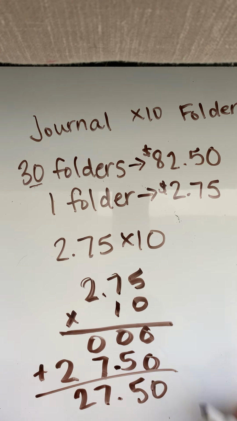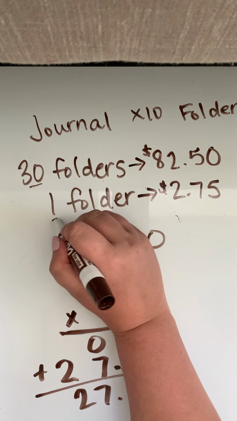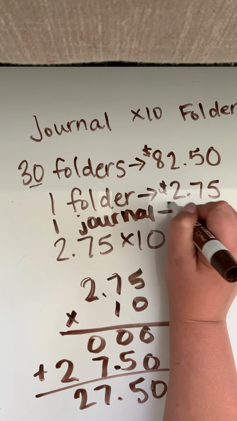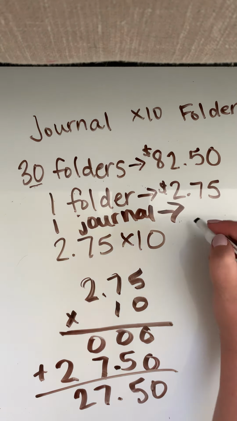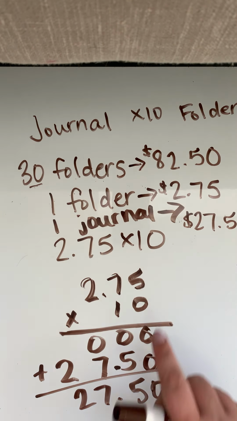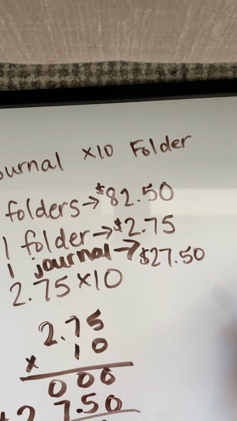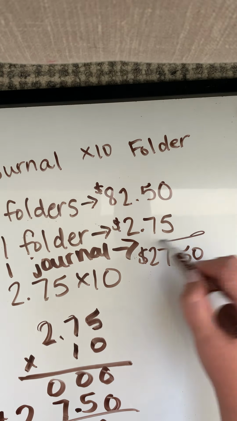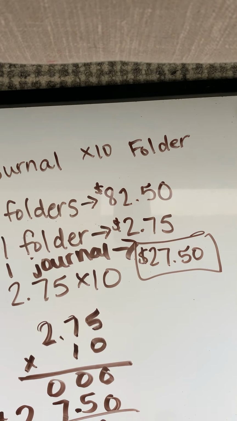So that means that the cost of each journal, one journal, was $27. That's really expensive. $27.50. Okay, so this would be your answer for number 13.